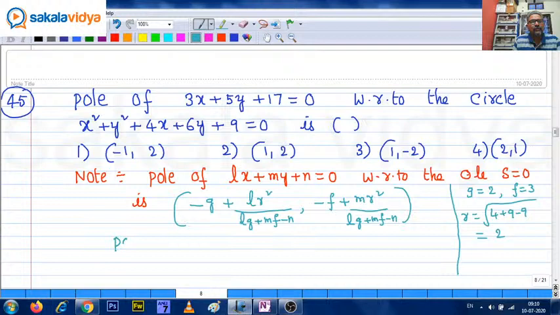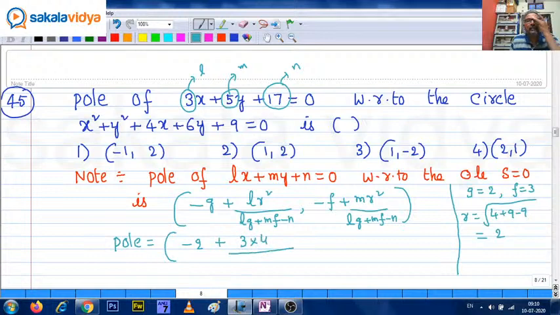So pole equals to (-g + lr²/(lg + mf - n), ...). L means 3, M is 5, N is 17, r² means 4, lg means 3 into 2 plus m f, 5 into 3, minus 17.